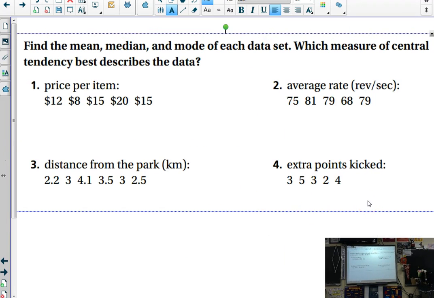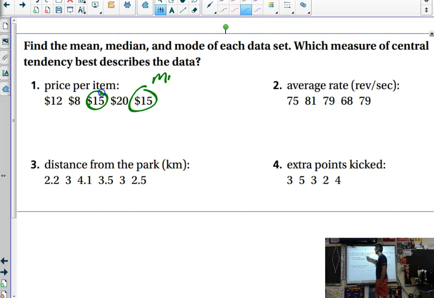So, like in number 1, what's the mode in number 1? 15, because mode means most occurring, right? So my mode is 15. My median, I'd have to have them in order, but then it'd be 8, 12, 15, 15, 20.